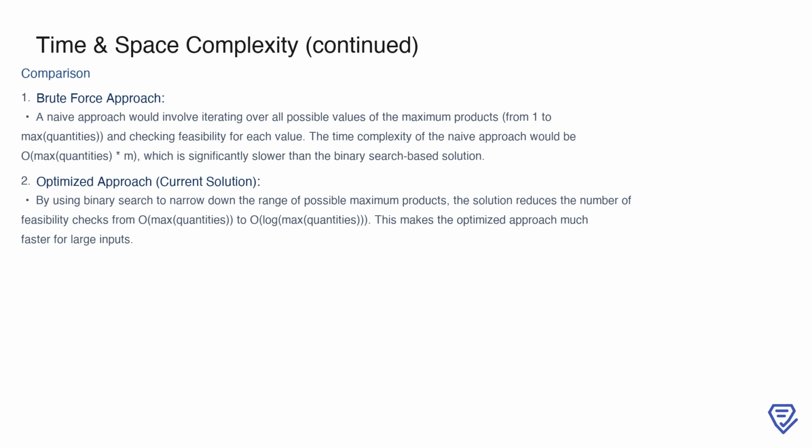By contrast, the optimized solution leverages binary search to narrow down the range of feasible maximum values. This reduces the number of feasibility checks from O(max quantities) to O(log max quantities). As a result, the binary search-based solution is significantly faster, especially when the maximum quantity value is large.